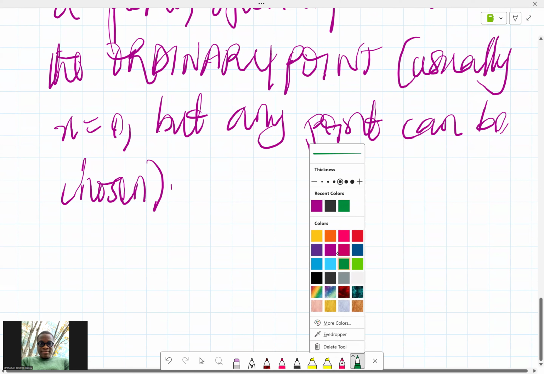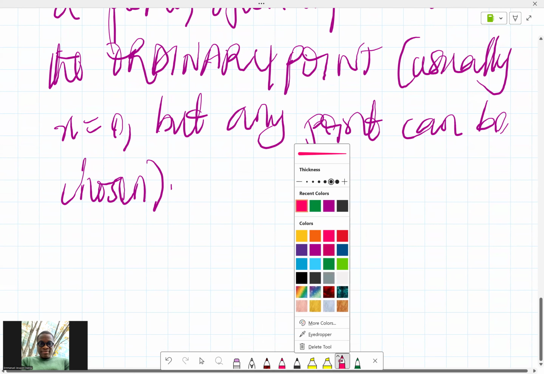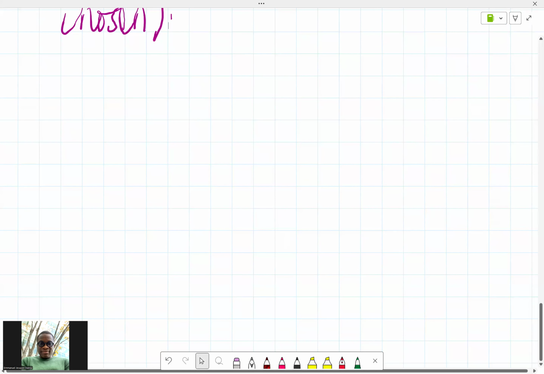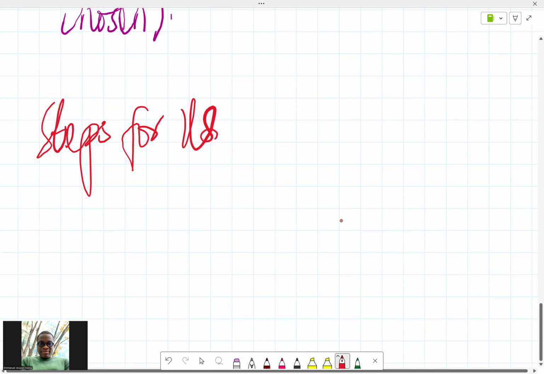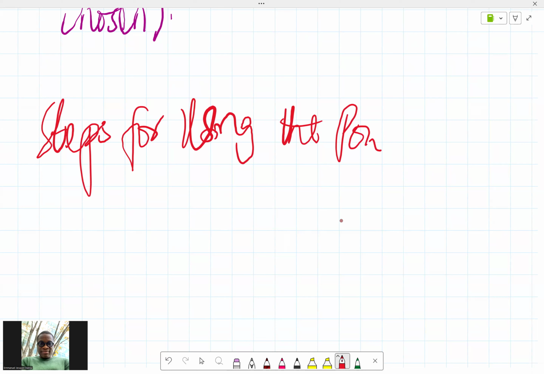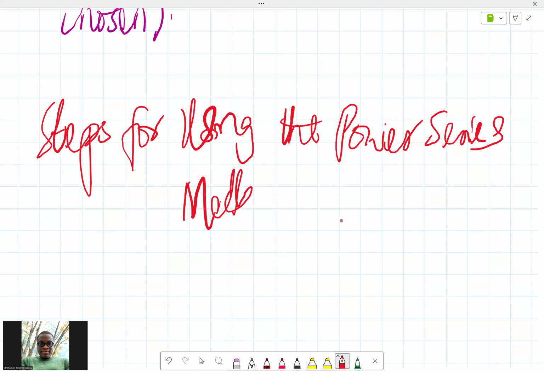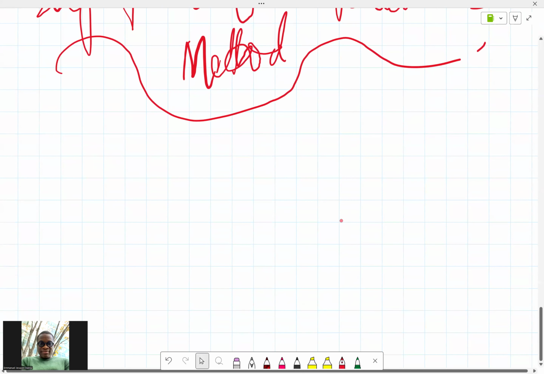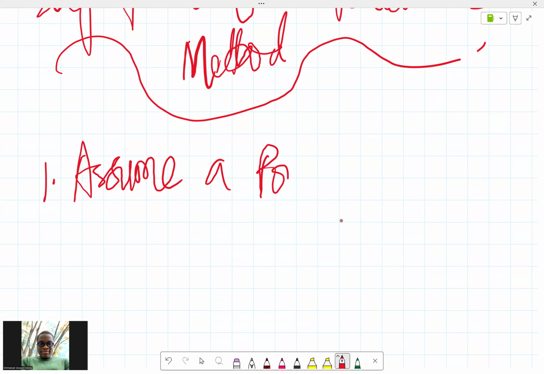Let's switch gear and talk about the steps for using the power series method. The first step is you assume a power series solution.